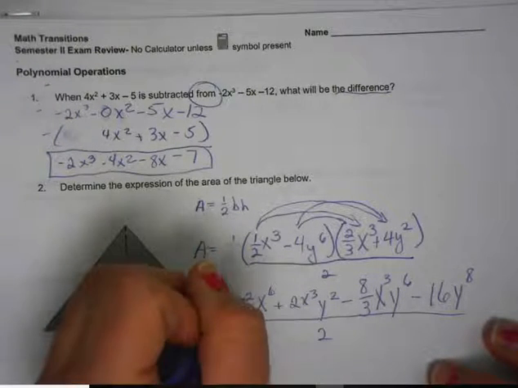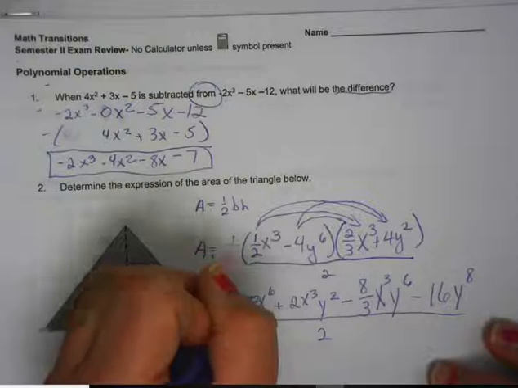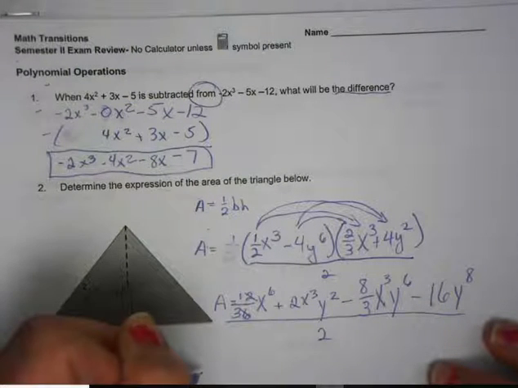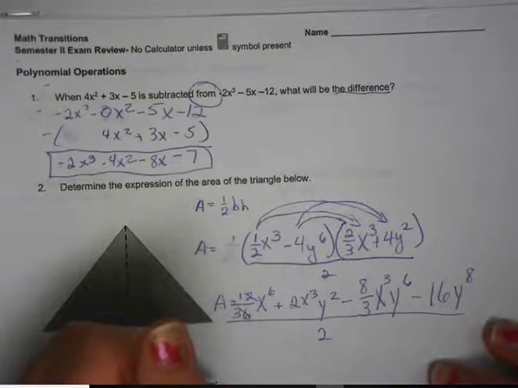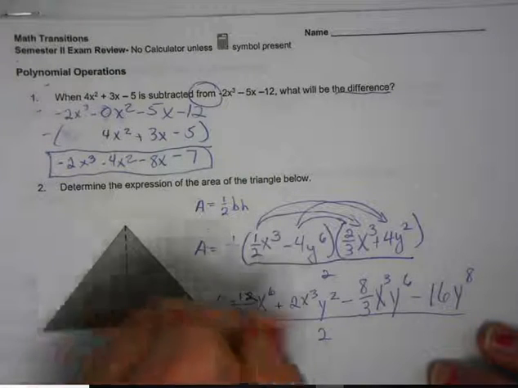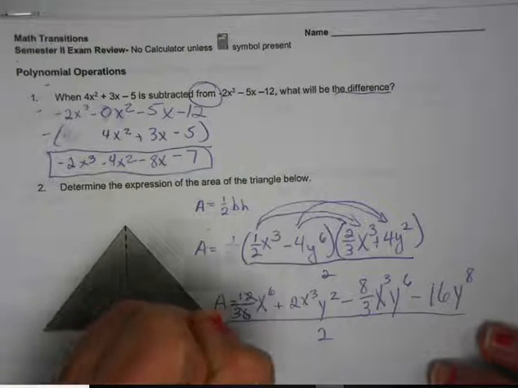So we have 2/6. That's the same thing as 1/3. And when we divide a fraction by 2, it's like multiplying by its reciprocal. So if we have 1/3 divided by 2, we're going to end up with 1/6.